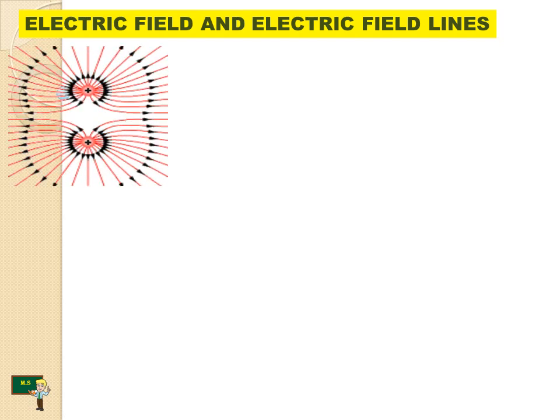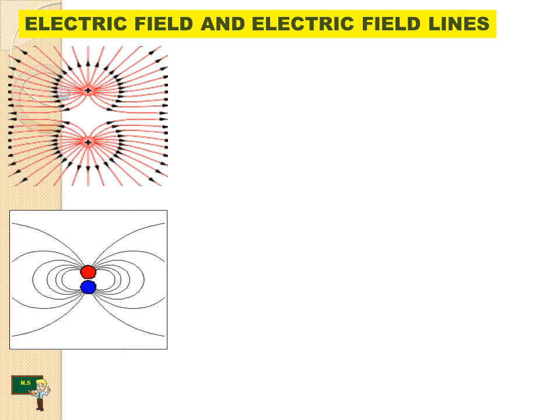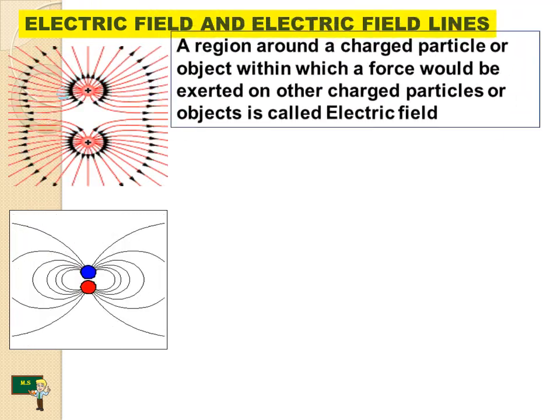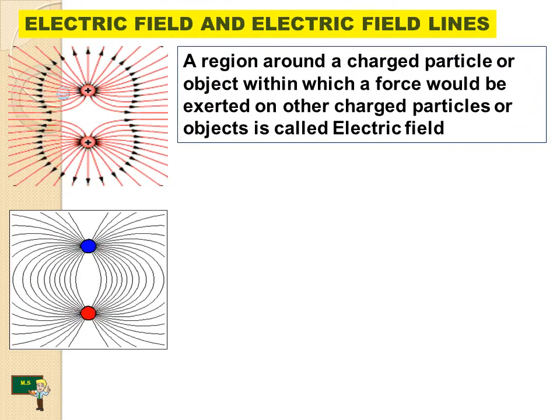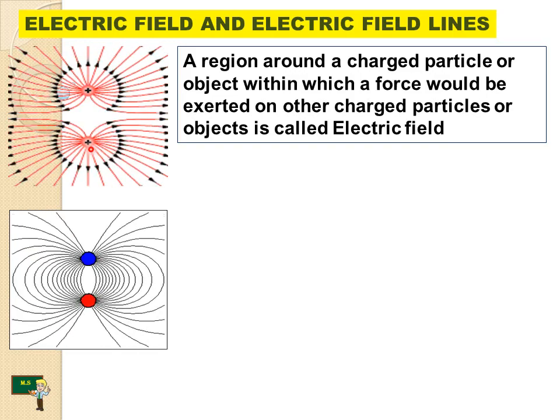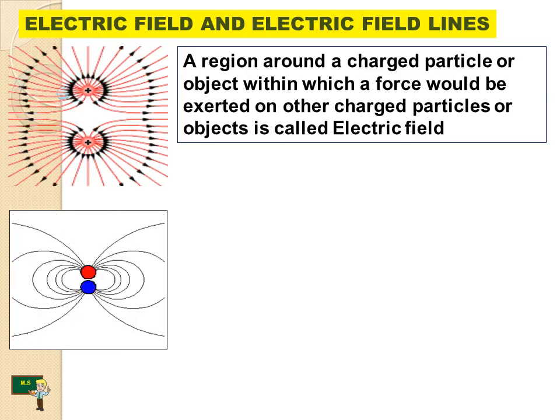Now let's move to the electric field. What do you mean by this electric field? Consider a point charge kept at a point in space. Let this be one point charge and this be another point charge.